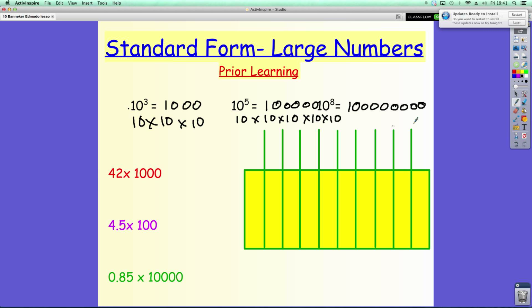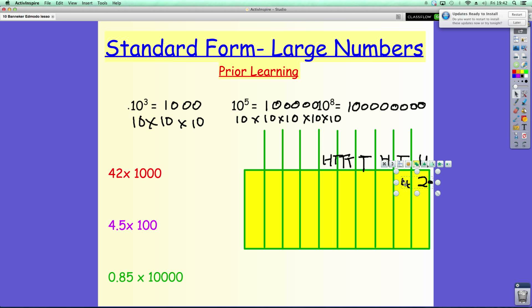So if I write 42 there, which would make this units, tens, hundreds, thousands, 10,000s, 100,000s, and so on. We know that the decimal point will be there, and it's not the decimal point that moves, but it's the digits, and they move the amount of zeros that come after the 1.